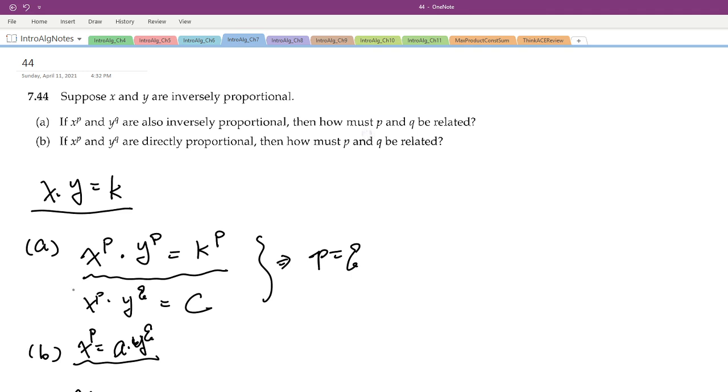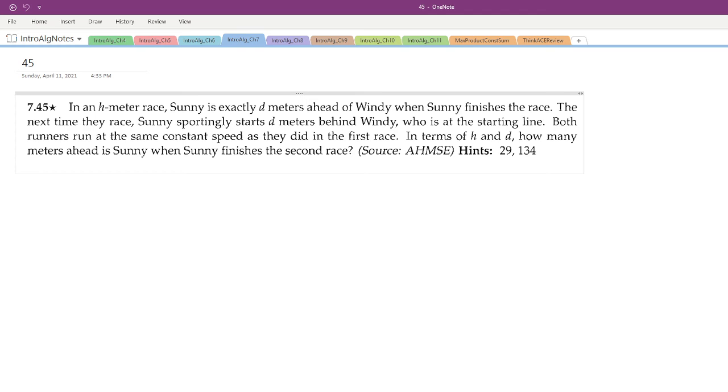Starting from the basic, xp times yp equals kp, where kp is a constant. Then we can solve xp is equal to the constant kp times y to the negative p, right? So now xp also equals a constant times y to the q. So now we know q equals negative p. Okay, next.